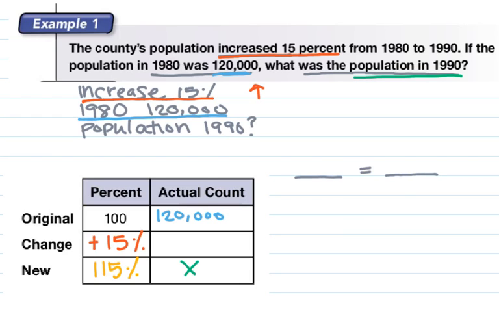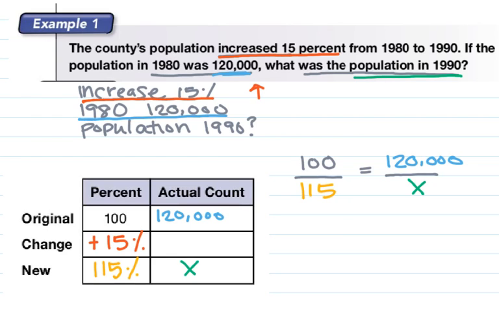My proportion is two ratios, or you could even call them fractions. And I have 100 over 115 equals 120,000 over X.